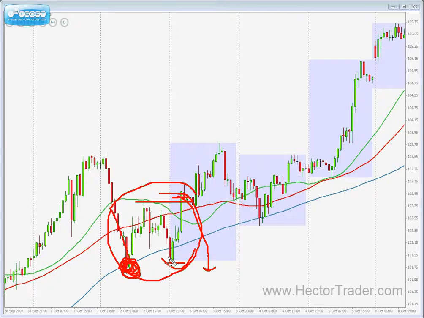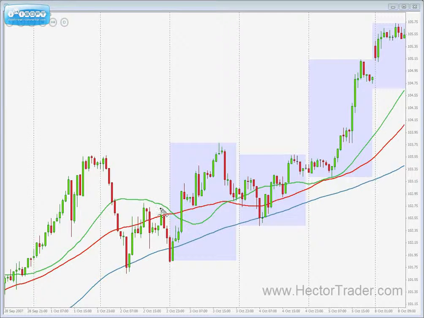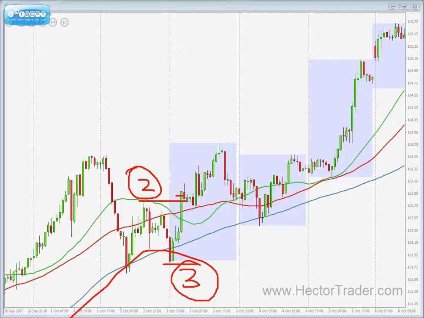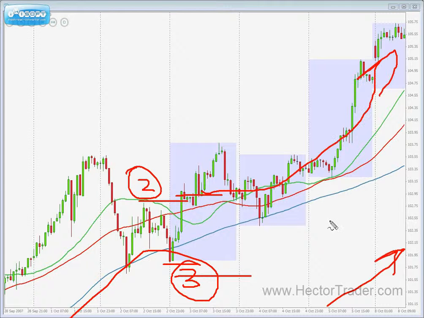So always remember, entry as you take out the high of the aspect number 2, stop loss a few pips below the low of the aspect number 3. That's entry, that's stop loss, trend is to the upside, and there it goes in our direction.